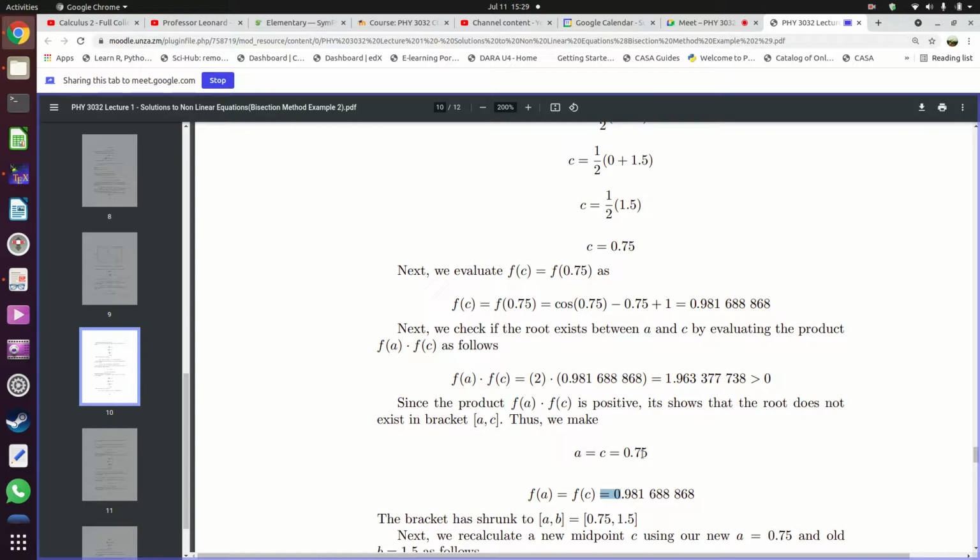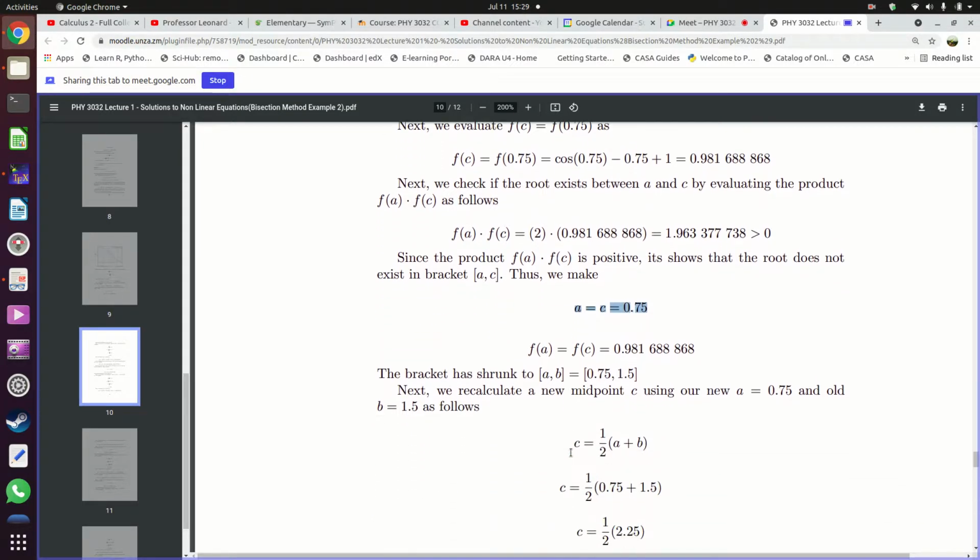So our bracket shrinks from 0 to 1.5, and now it becomes 0.75 to 1.5. This is our new bracket.